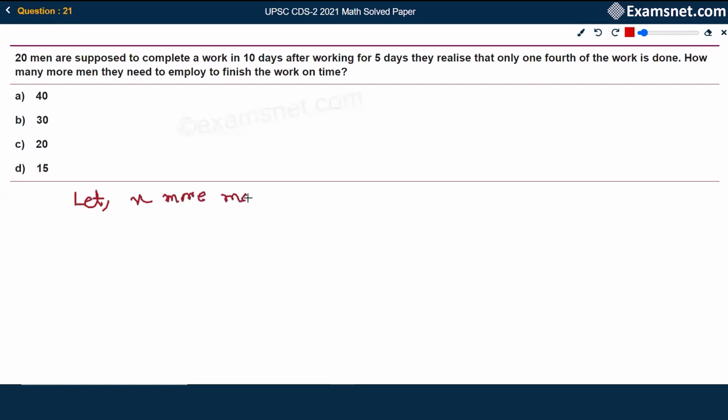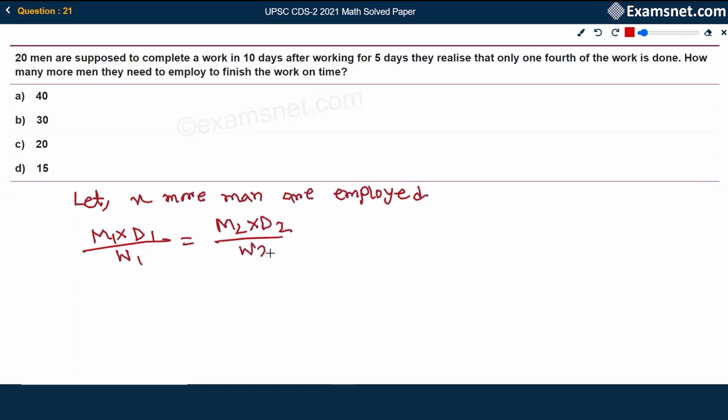X more men are employed. Okay, so here is one important formula that we are going to use in this question in order to solve it, that is M1 multiplied by D1 by W1 equals M2 multiplied by D2 by W2.